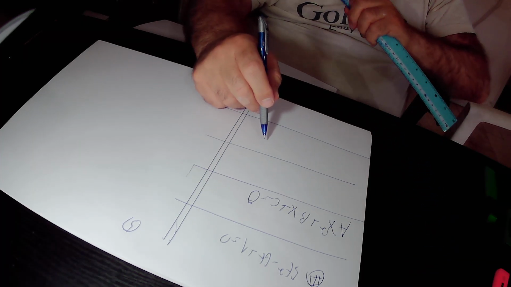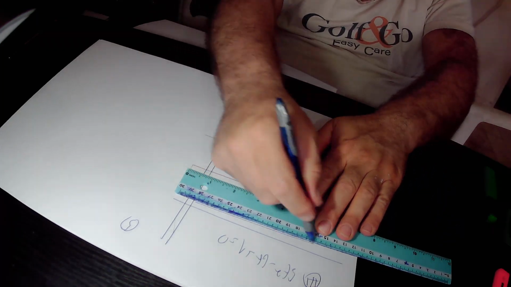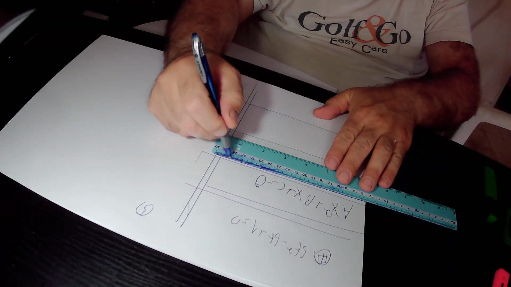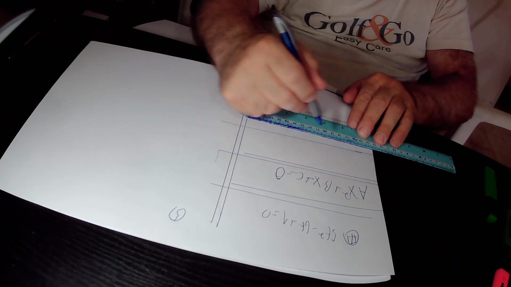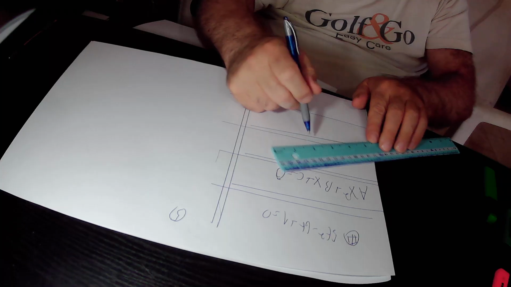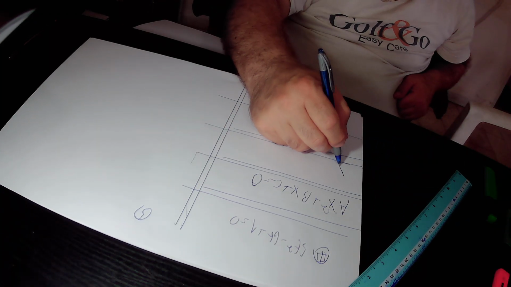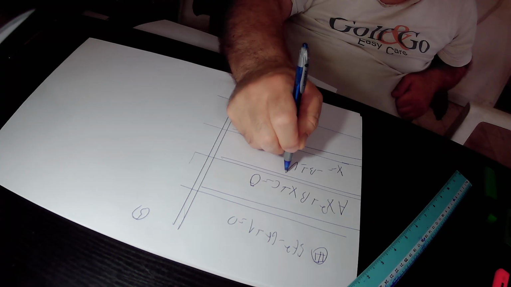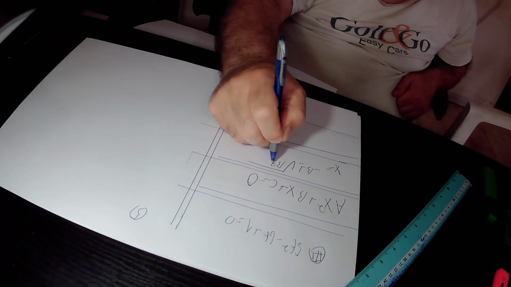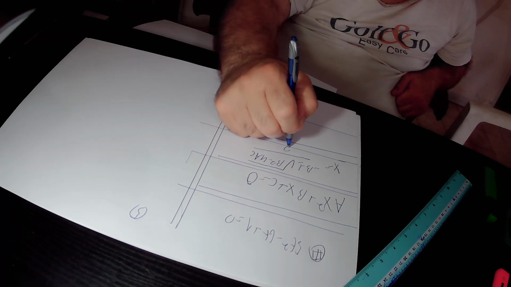We find the value of x according to the following formula: x equals minus b plus minus square root of b squared minus 4 times a times c, over 2a.